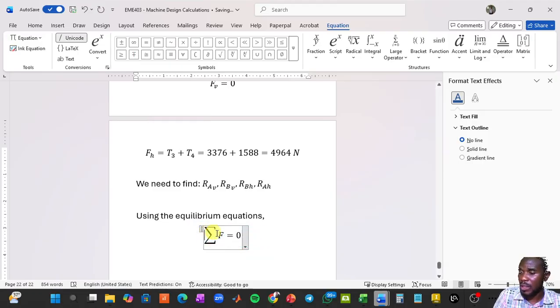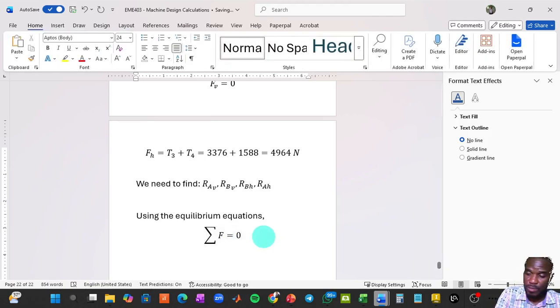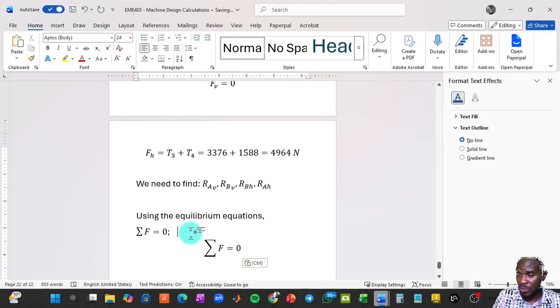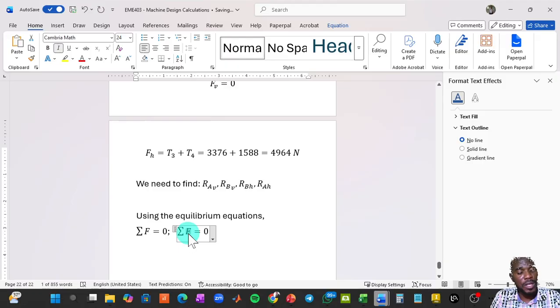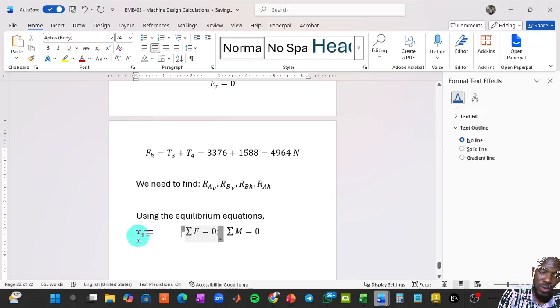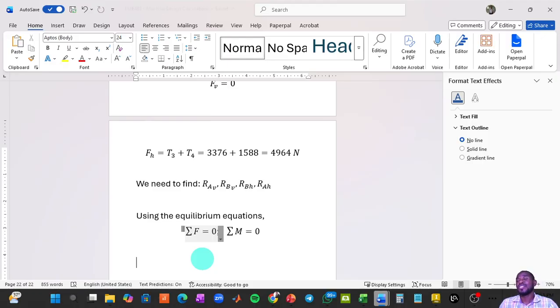And we also hold true that the summation of the bending moments on that body will also be 0. So that's where we're going to apply all these: total upward forces equals total downward forces, total forces acting to the right equals total forces acting to the left.